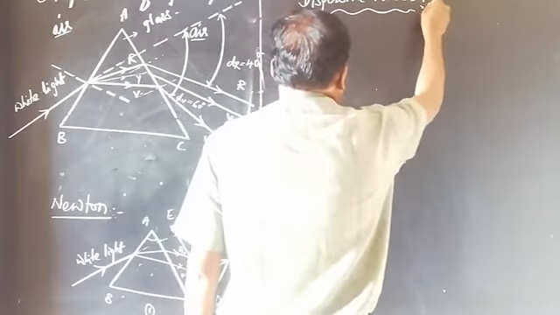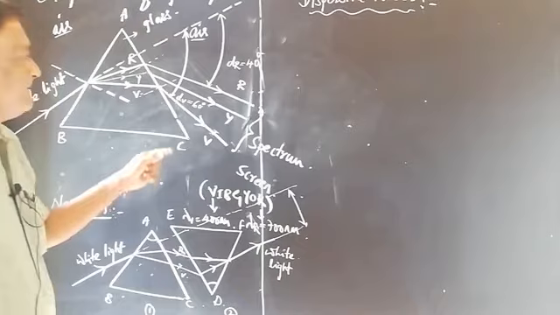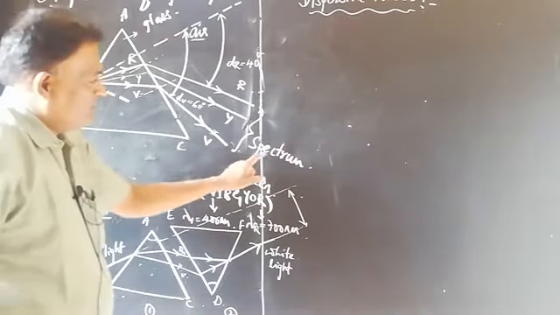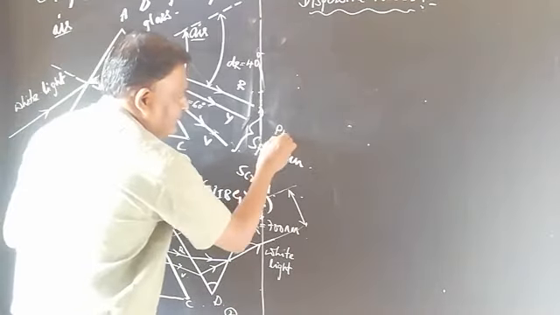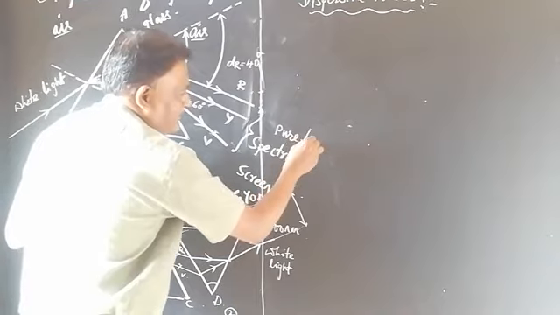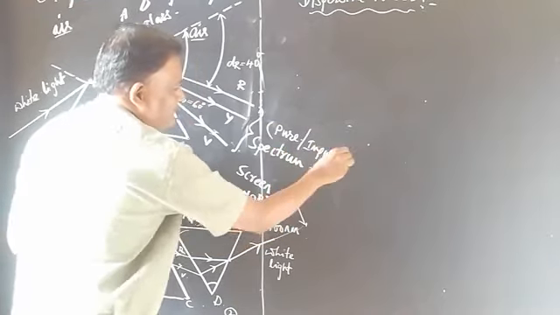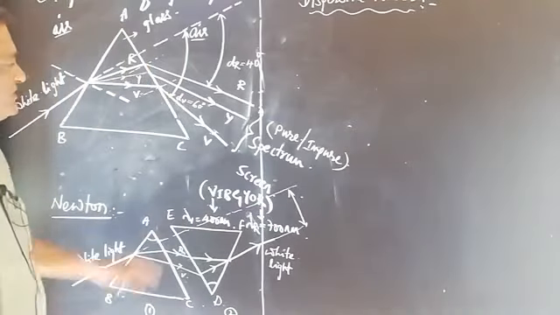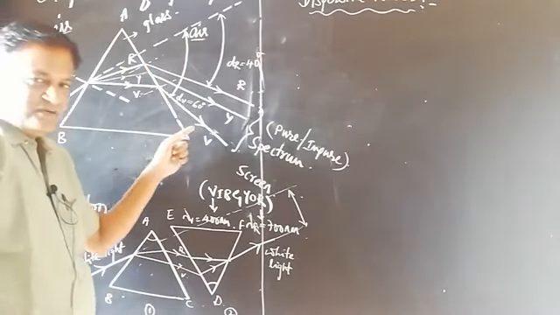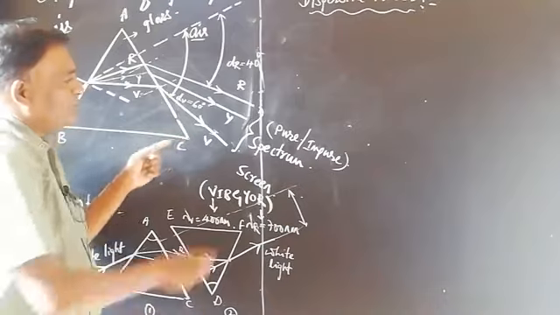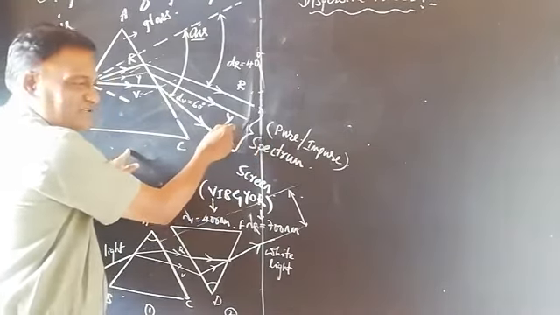Before we discuss the dispersive power, we need to discuss pure spectrum and impure spectrum. In the laboratory, using a device called a spectrometer, we can produce a pure spectrum.